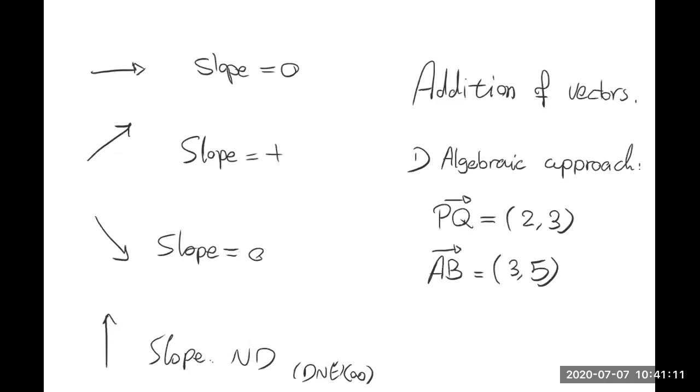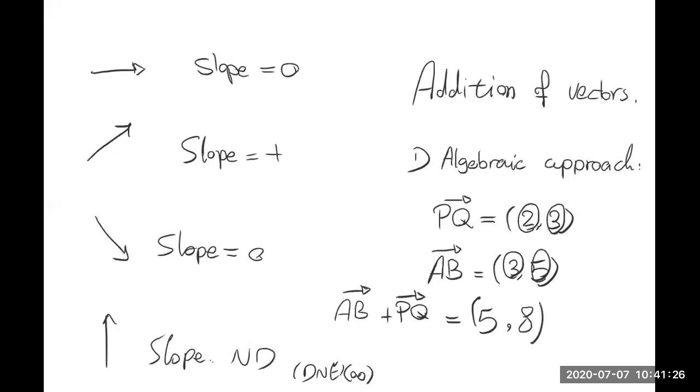We can add these vectors. We can look at AB plus PQ, and the addition is component-wise. We add 2 to 3, we get 5. We add 3 to 5, we get 8. 5 and 8. And that's the addition of these two vectors.